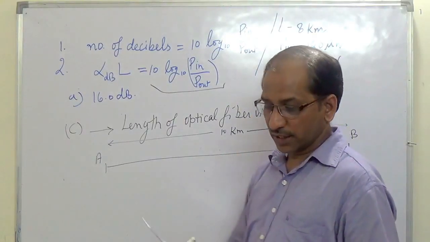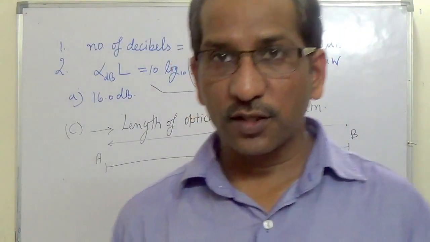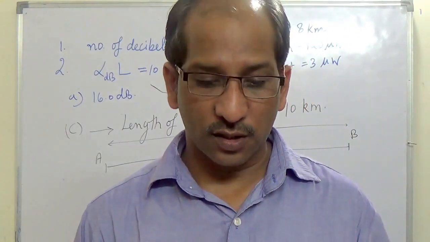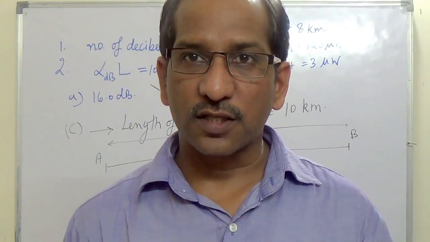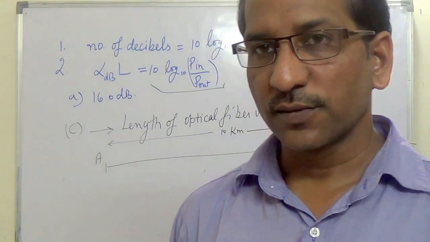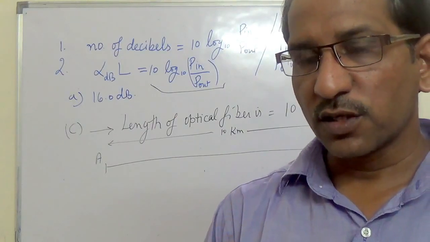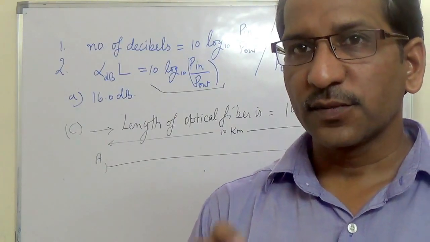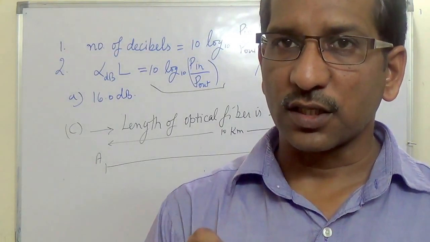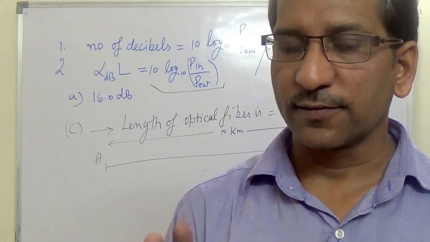So as I said earlier, we are using the same fiber with the splices at 1 km intervals, but each splicer, each connector is giving an attenuation of 1 decibel. In addition to the overall attenuation of the optical fiber, each splicer also gives some attenuation, and that is of the order of 1 decibel. So this is the point.